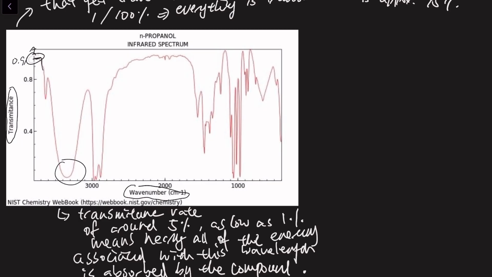The unit of the horizontal axis is wave number. Maybe this is a little bit unfamiliar to you. You know about frequency, you know about wavelengths. So what is wave number? Wave number is essentially the same thing as frequency. It is the number of waves per centimeter, which is why the unit is centimeter to the power of -1.